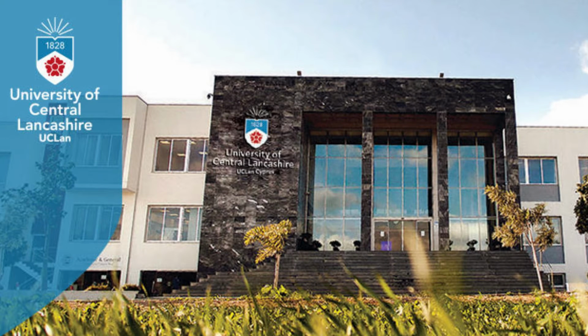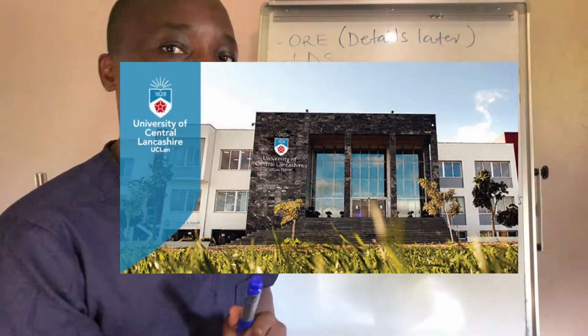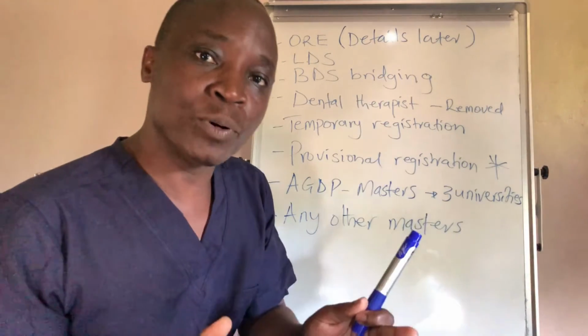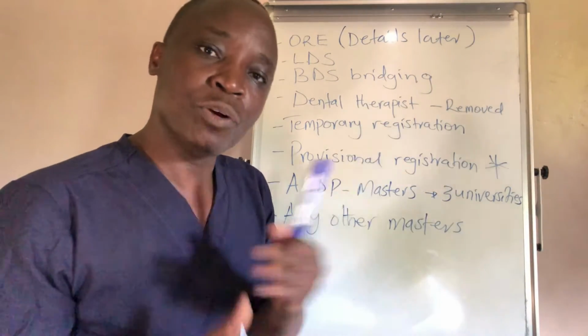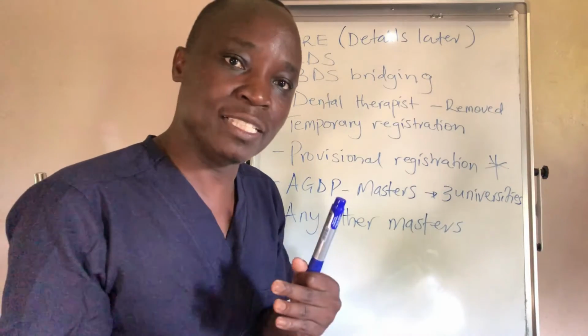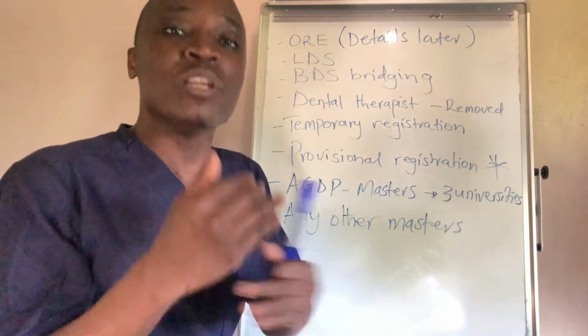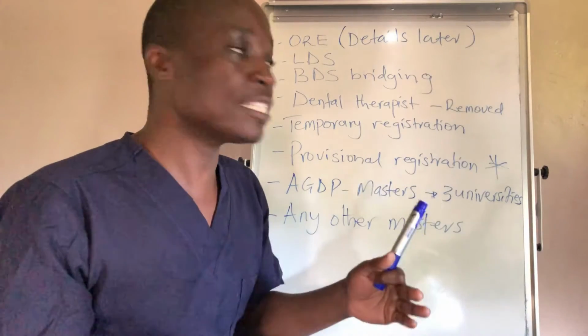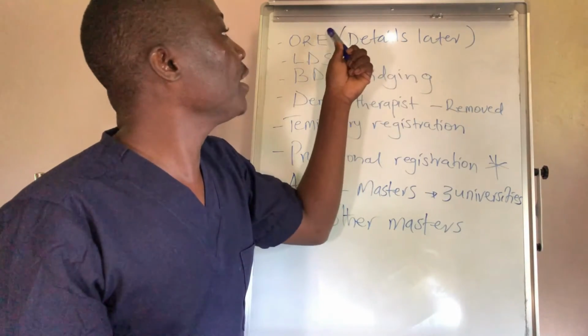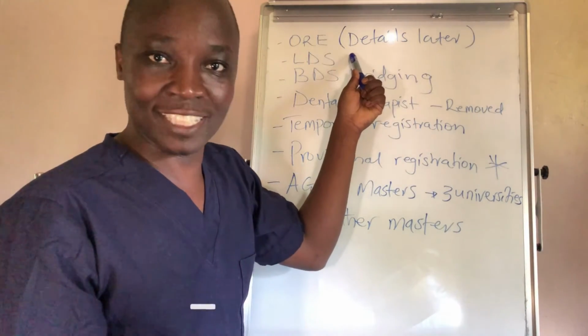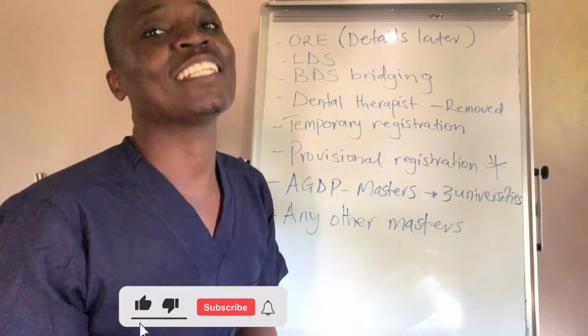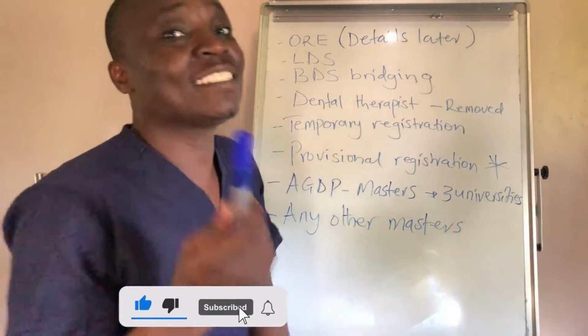It is in Preston, in Manchester. With this, you'll be able to convert your BDS to the UK BDS, and when you graduate, you automatically qualify to practice as a dentist without doing ORE and LDS. Good news, right? Yes.